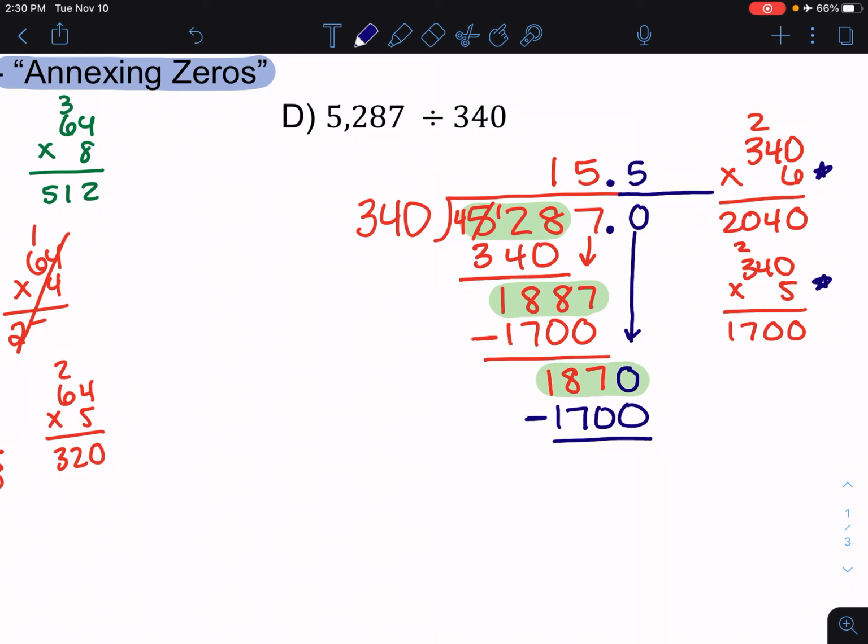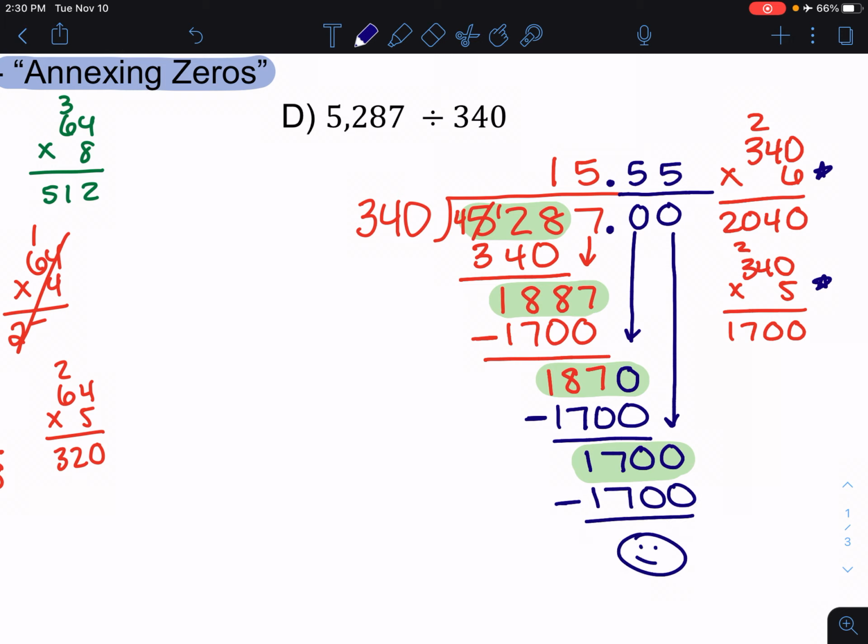So there's my digits right there. So 0, 7, 1, and then I have one more 0 to add. And I've got 1,700. So we're going to use 5 one more time because I know that 5 times 340 is 1,700. And when I subtract, I get no remainder.